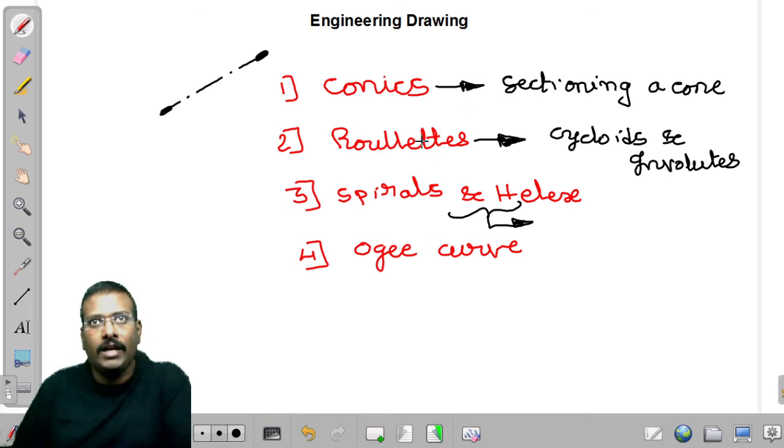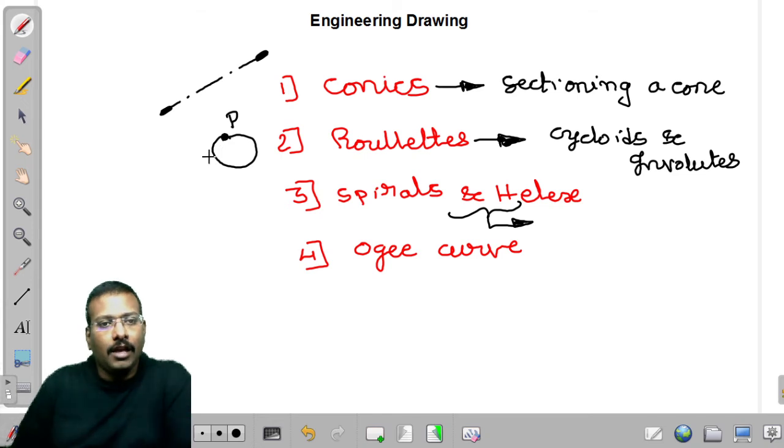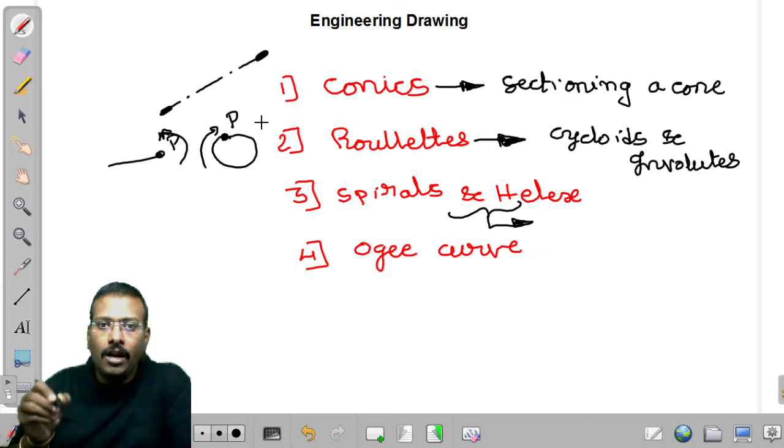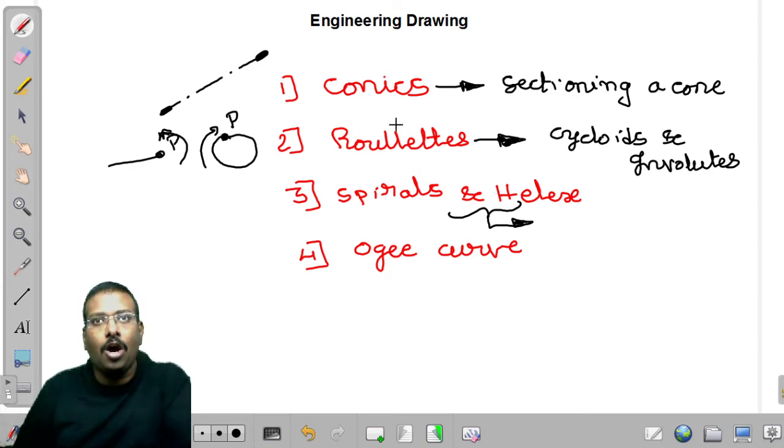In the second one, we are going to concentrate on a fixed point on an object, it may be a circle or it may be a straight line. If a circle or a straight line is rolling, then the path traced out by a fixed point on the rolling object is called roulets.